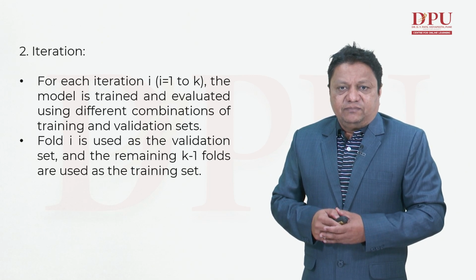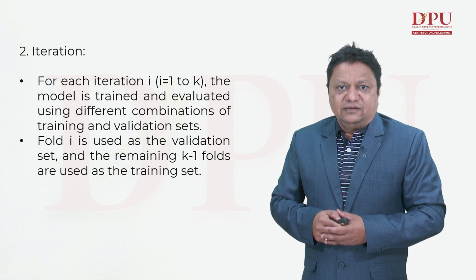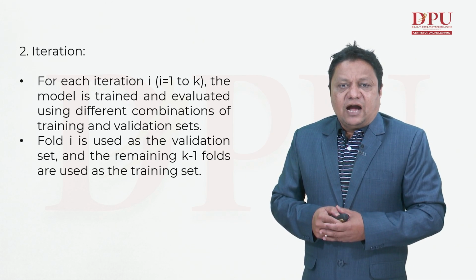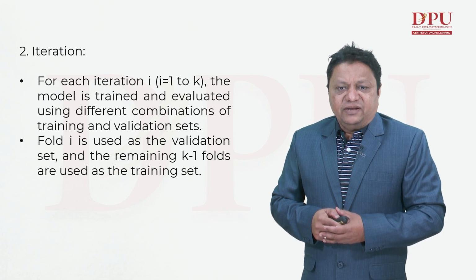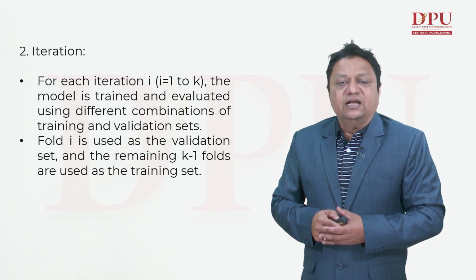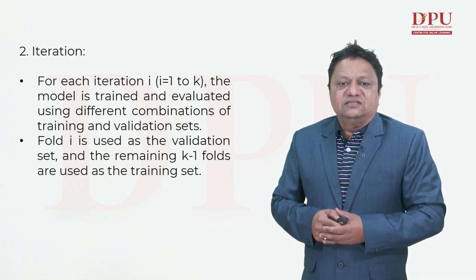In the second step, that is called iteration. For each iteration, that is i equal to 1 to k, the model is trained and evaluated using different combinations of training and validation sets.